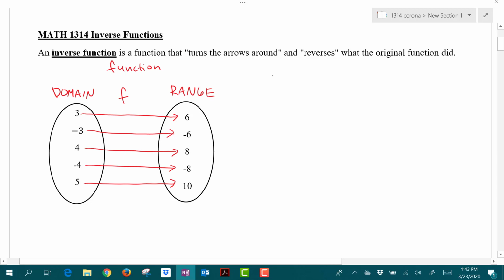Now I want to look at the list of ordered pairs for f. So that would be 3, 6, negative 3, negative 6, 4, 8, negative 4, negative 8, 5, 10.